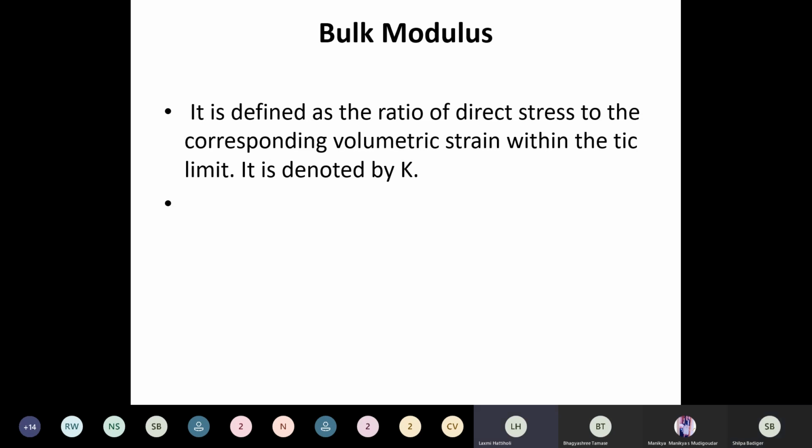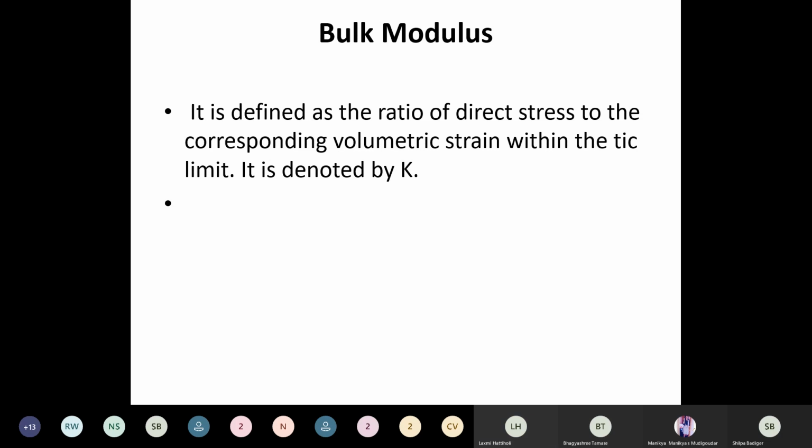What's the unit now? Newton per mm square. Exactly, very correct. So Newton per mm square or megapascal. So this unit remains same for Young's modulus, rigidity modulus as well as bulk modulus. Okay, so for all the three, the unit remains same, that is Newton per mm square or megapascal.